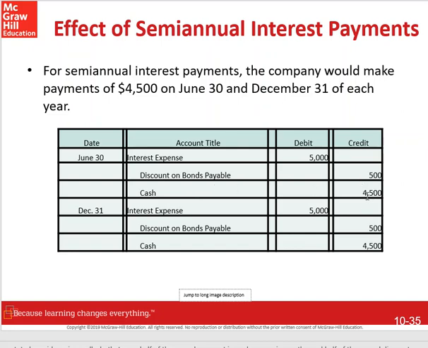So instead of paying out 9,000 once a year, we're going to pay out 4,500 twice a year. Instead of amortizing the bond discount 1,000 for 5 years, we're going to amortize it 500 every 6 months for 5 years, so twice a year. And then our interest expense is the sum of those, so the offsetting debit of 5,000. So all of this still adds up to the same as our annual, but we're just doing it twice a year.